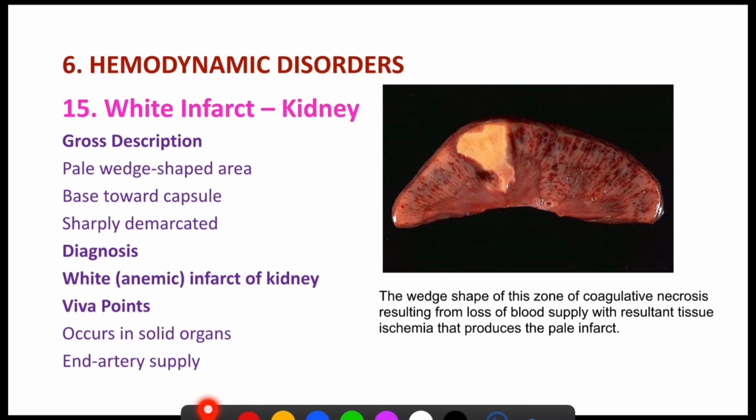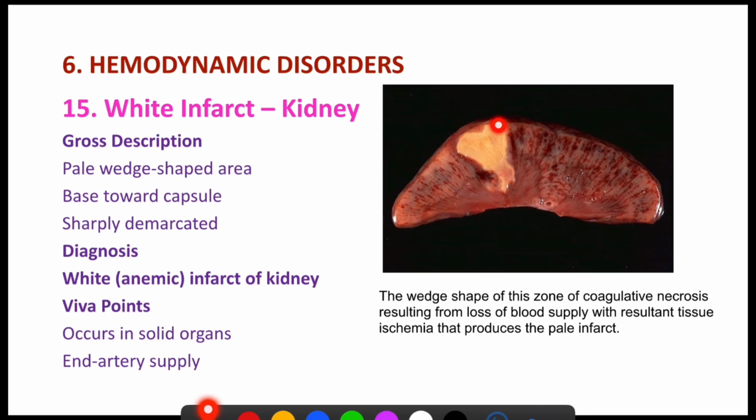Now let's see infarction. So this is in the hemodynamic disorders. There are two types of infarct. One is white infarct, second is red infarct. So here you can see this is a specimen of kidney, or a slice of a kidney specimen.